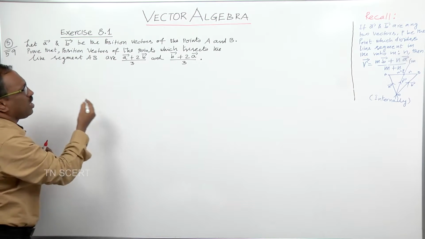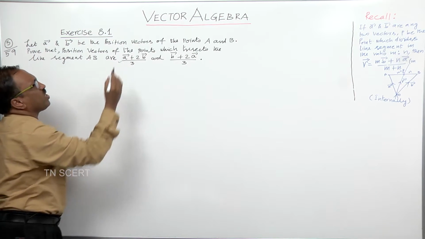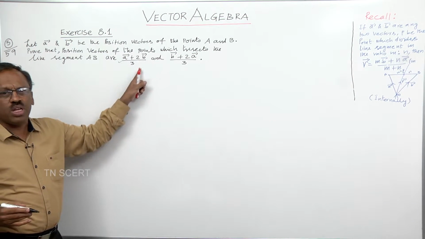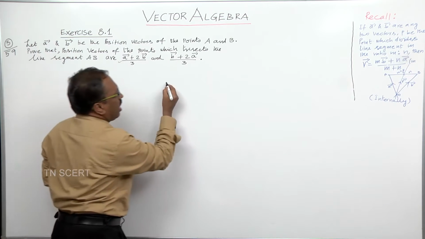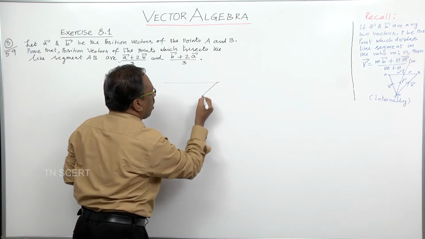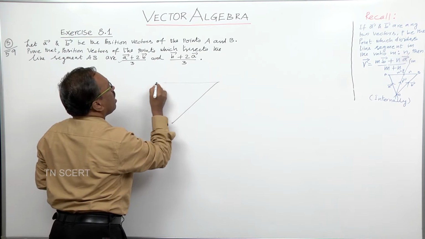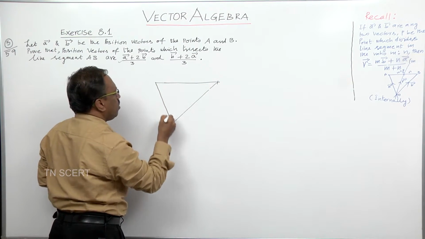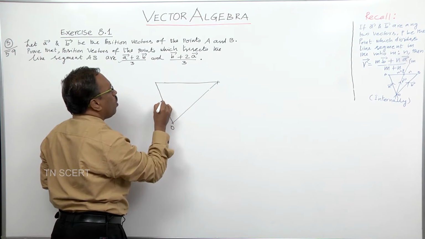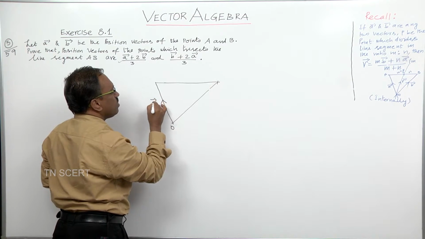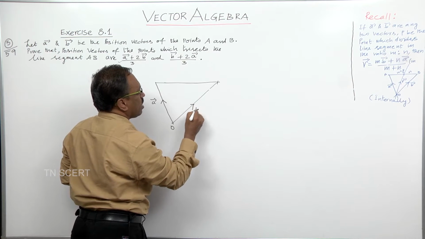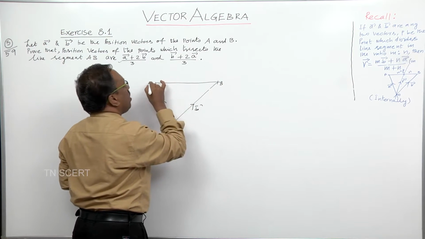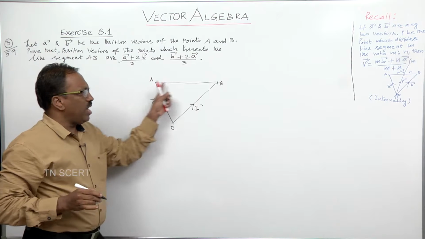So now let us think about this. Here the first point is (A vector plus 2B vector) by 3. Let me draw a point here. Now this is O, A and B. We take points A and B as a line segment here.